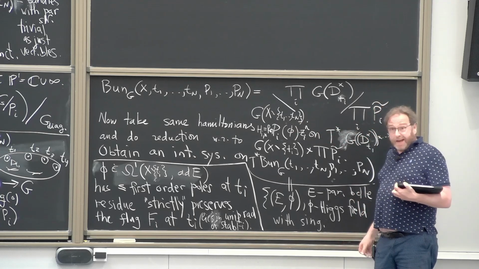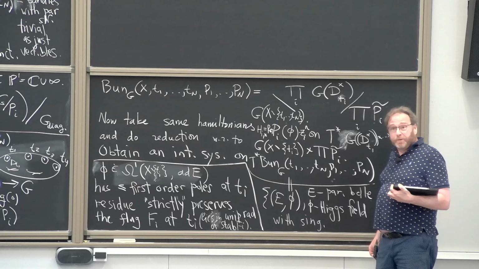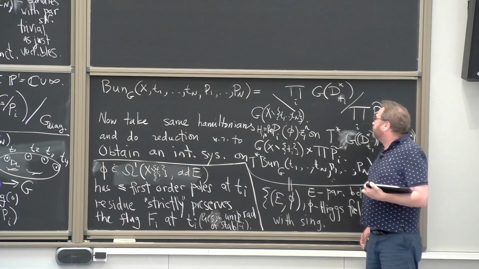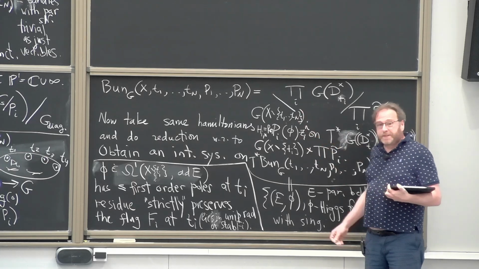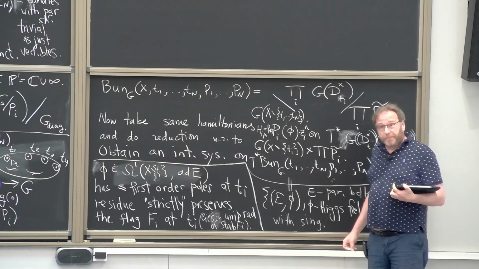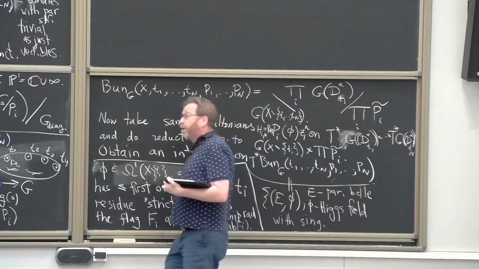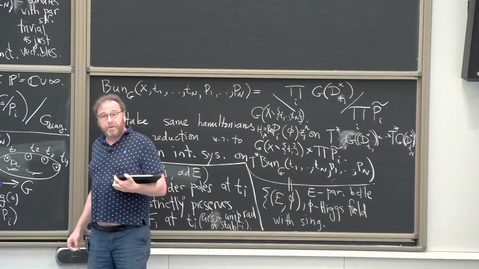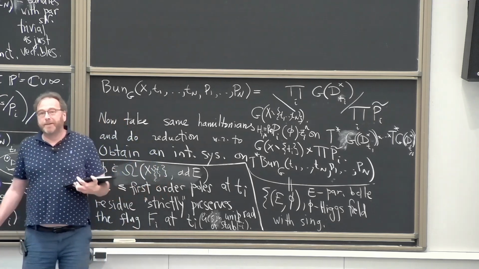And this will be exactly the automorphism group of the bundle, in this case with parabolic structure. So for generic bundles, it will be trivial if we put enough points, even in genus 0. Other questions?